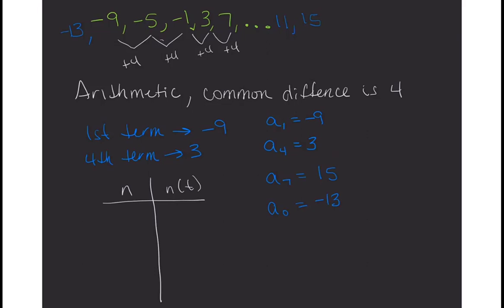So no different than input and output. Our input is what term we're looking at. So n is always the term number. And then your n of t, that's like your output, or what you get. So we kind of say it's like the term in the sequence, I guess.